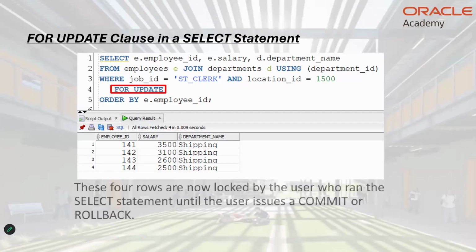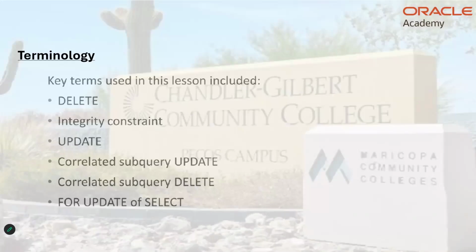So will you see a lot of that? Possibly no. But that's another aspect of SQL that you should be aware of. All right, so further terminology on the DML side: delete, integrity constraints, update, then the correlated subquery delete, the correlated subquery update, and then the for update of select.